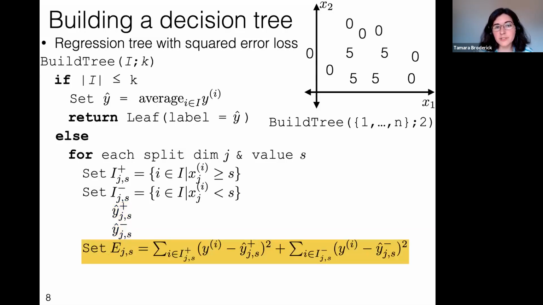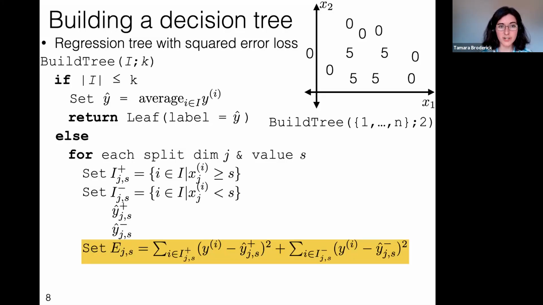Then we want to minimize the error. This looks complicated at first, but it is literally just the error that we wrote before: for every data point in I, we take the squared error loss and add it up. Every data point in I is either in I plus or in I minus, only one or the other. So we can break that sum over everything in I into a sum over I plus and a sum over I minus.